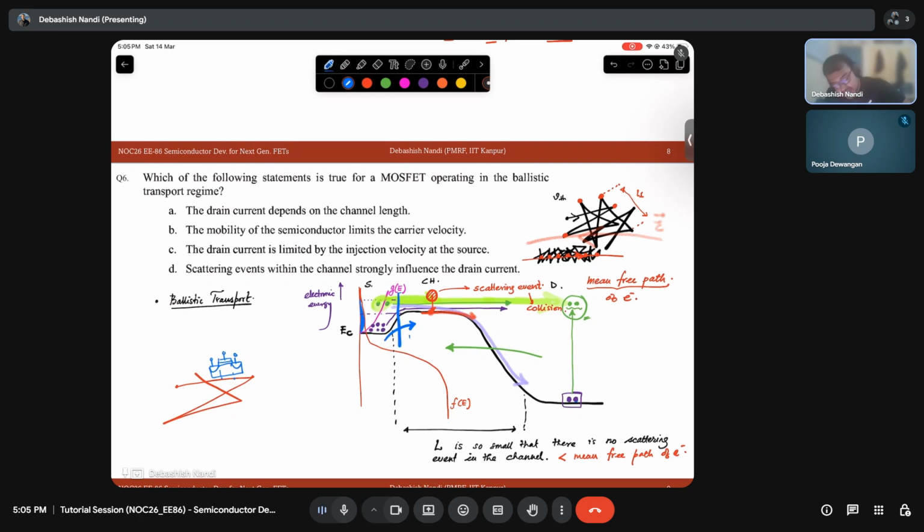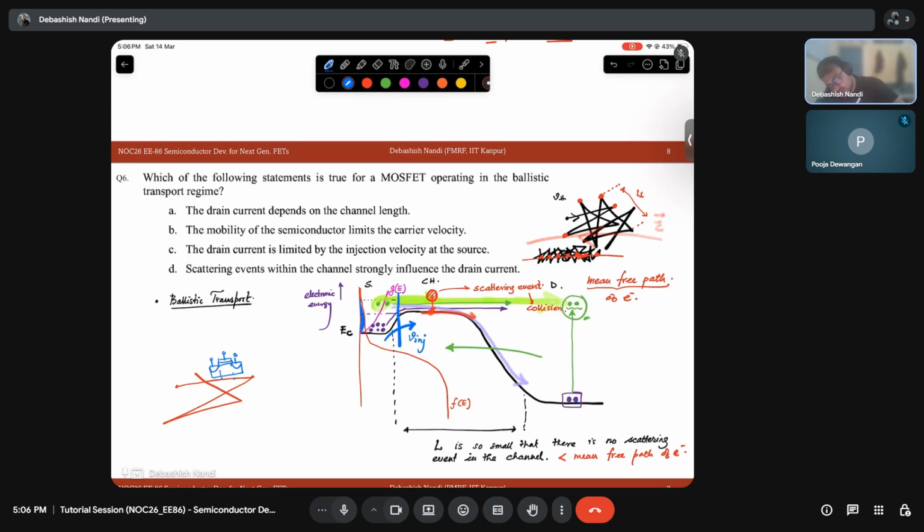So the injection velocity at the source-channel junction matters, because once it is injected, it is sure to reach the drain without any scattering event. So what does it physically depend on? The injection velocity at which it is being thrown. That is what ballistic transport is.